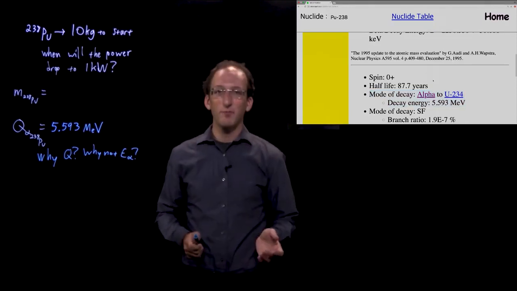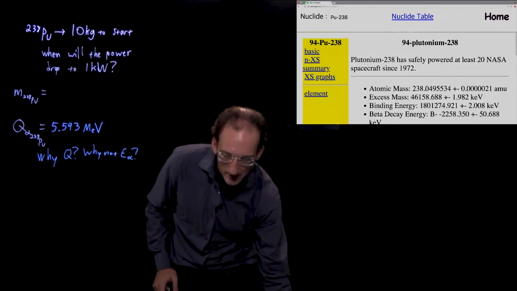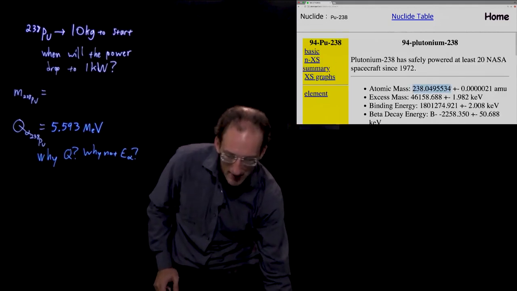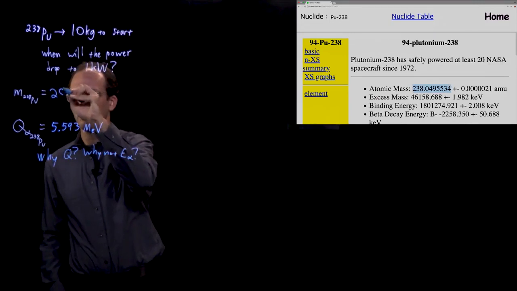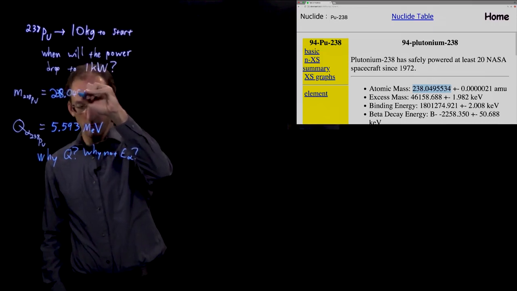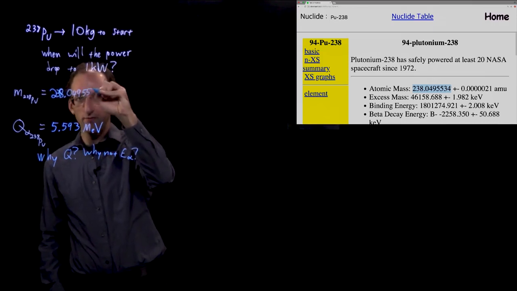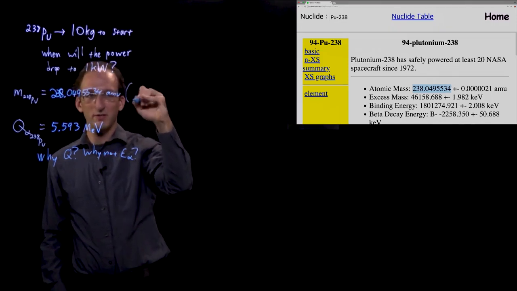And we have to account for both of them because both of them contribute heat. Now the last thing to get is let's make sure to capture this mass of the plutonium atom. 238.0495534 AMU, which is pretty much the same units as grams per mole.